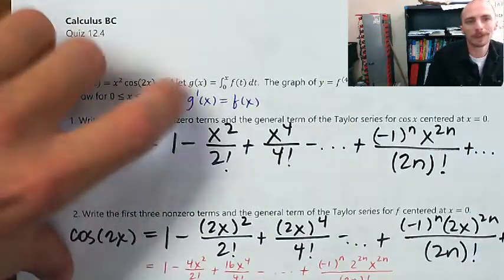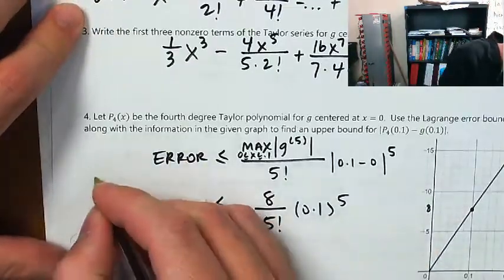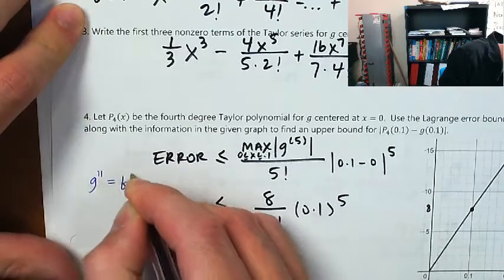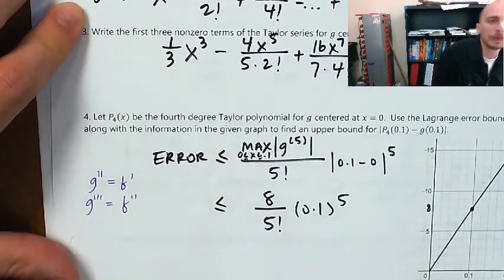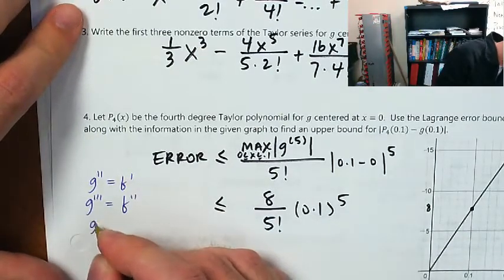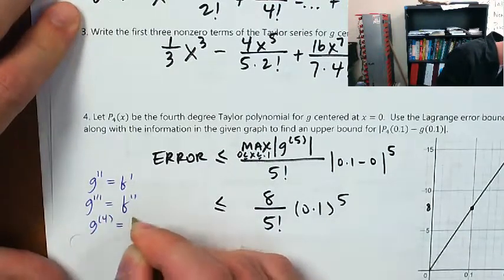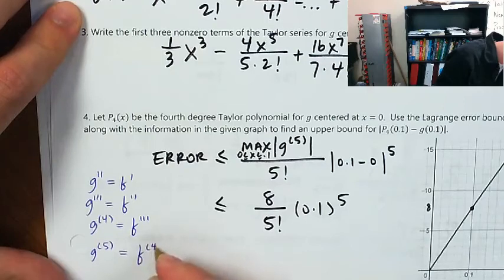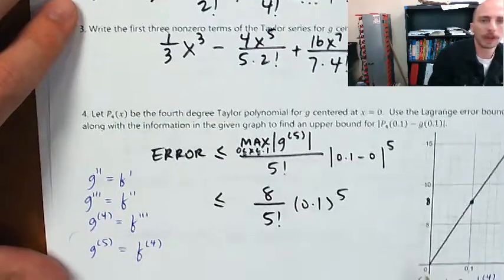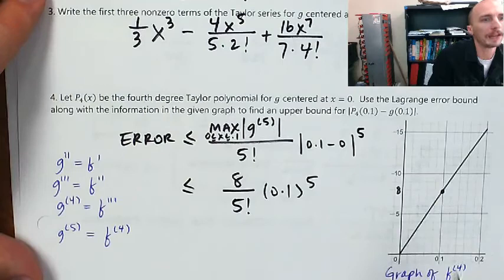So as a result, if g prime is f, then g double prime equals f prime. g triple prime equals f double prime. And maybe you see the pattern, but I'm going to be really explicit here. g's fourth derivative is f triple prime, and g's fifth derivative, which is what I'm interested in, is the same as f's fourth derivative. So that's why, even though it seemed like the wrong graph, it was the right graph.